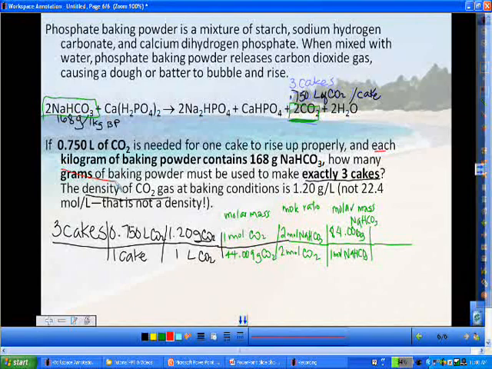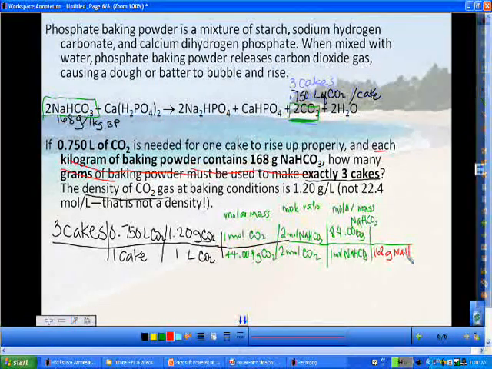Each kilogram of baking powder contains 168 grams of sodium hydrogen carbonate. So we know that 168 grams of sodium hydrogen carbonate is in 1 kilogram of baking powder.